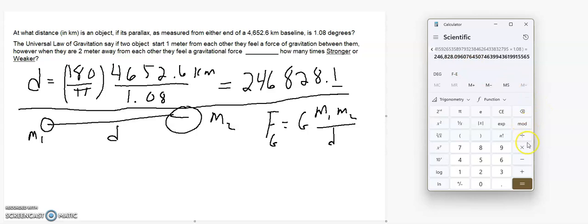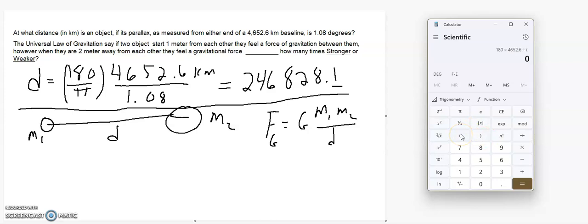Actually, I'm going to show you two different ways to do this on this particular type of calculator. I'm going to do it the way that we did it before. It's the same thing, but just done slightly differently. 180 times 4,652.6, and then divided by, remember, we're dividing by both pi and 1.08.